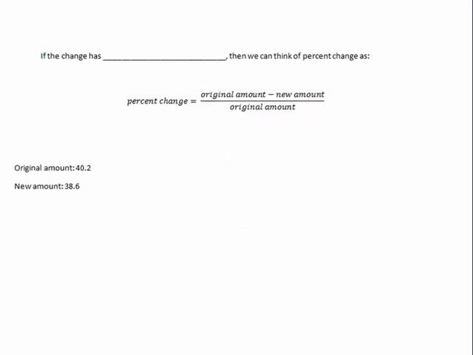Not bad. Now, if the change has decreased, then we can think of the percent change as the original amount minus the new amount divided by the original amount. Here we can see the original amount is 40.2 and our new amount is 38.6.